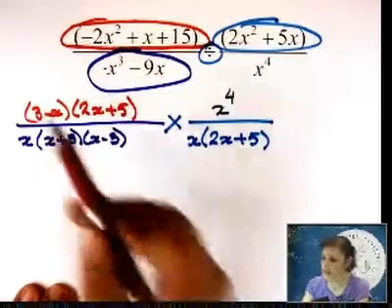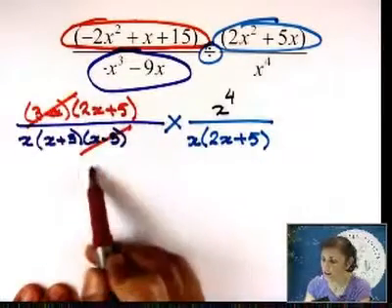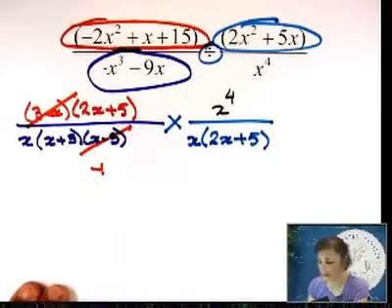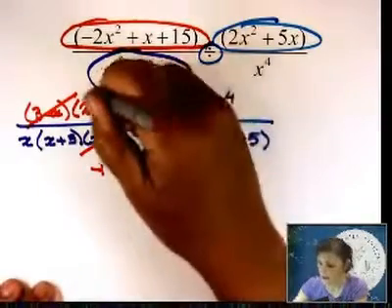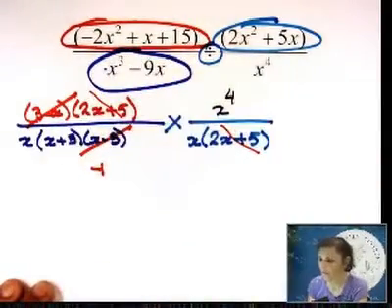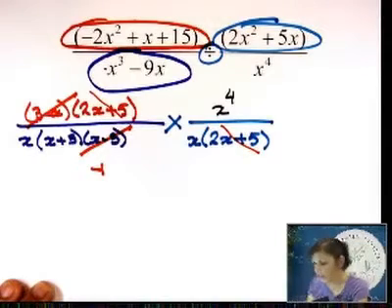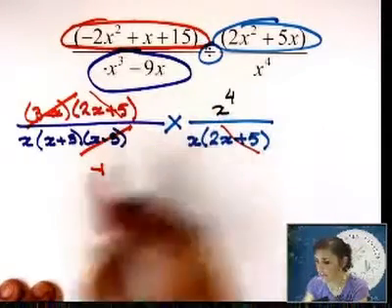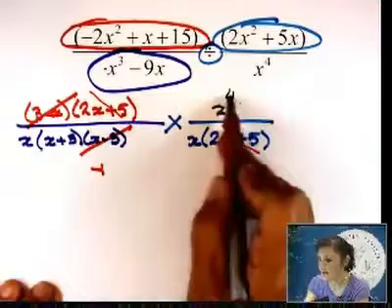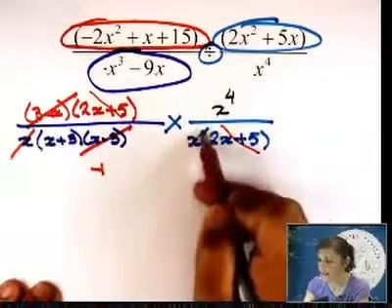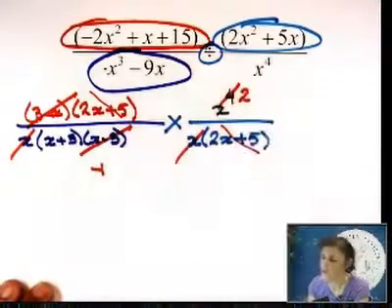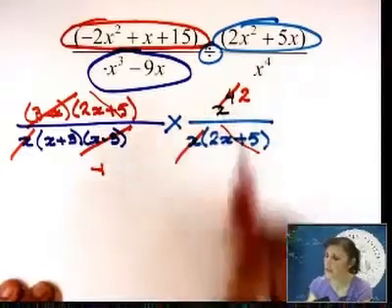Remember how that works? They go, and then you have a negative 1 extra. So that negative 1 is there. This 2x plus 5, 2x plus 5 will go. And let's see. I have 2 x's here and 4 x's on top. So I can go, and then there is a 2 left. So 2 of these guys will cross out.